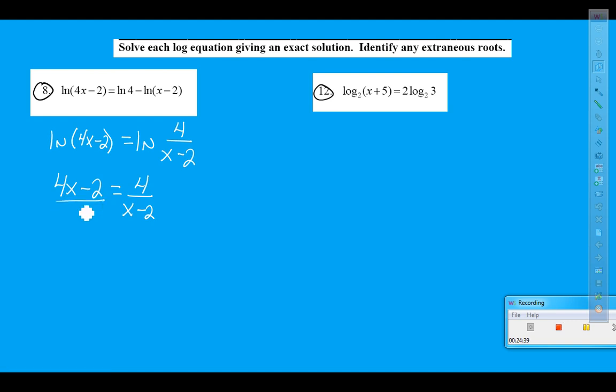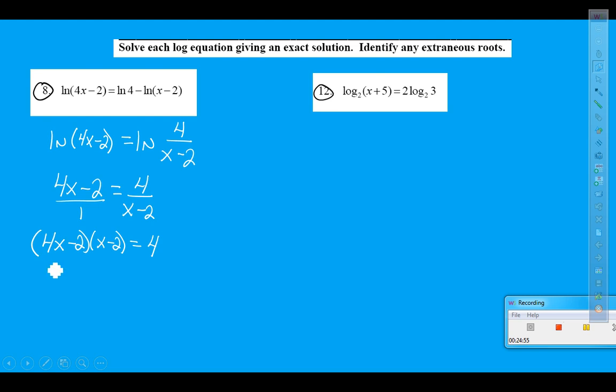Now this is a tougher little problem. To solve this, I'm going to have to cross multiply. So I'm going to have 4x minus 2 times x minus 2 equal 4. Let me tell you what you don't get to do.